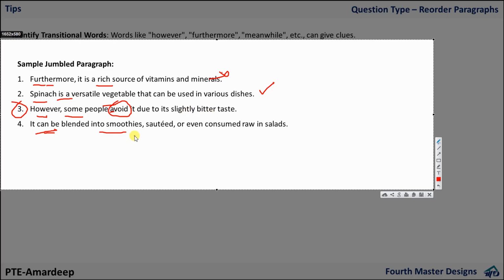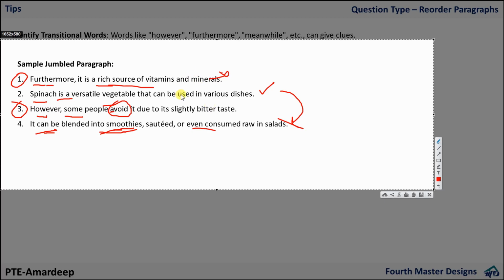Due to its slightly bitter taste, it can be blended or even consumed raw in salad. So I will go for your second, fourth, then I will go for your first one. Why? It can be blended into smoothies. Why? Or some possible explanation or addition to that sentence. It is a rich source of vitamins and minerals. So second, fourth, then first.